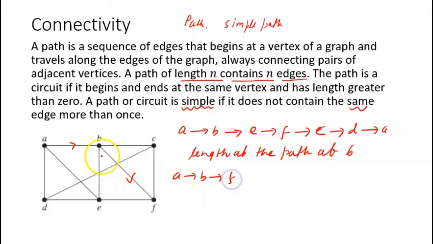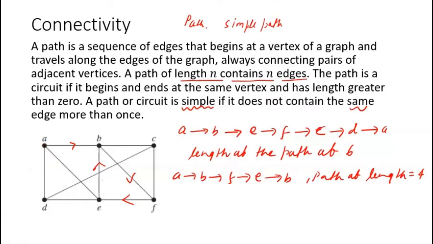Then F to E, the third edge. And E to B, the fourth edge. So we started at A: one edge, two edges, three edges, four edges. So this is a path of length 4.